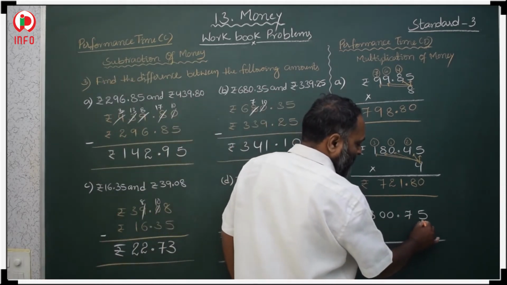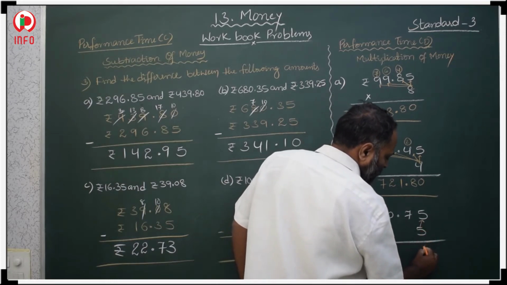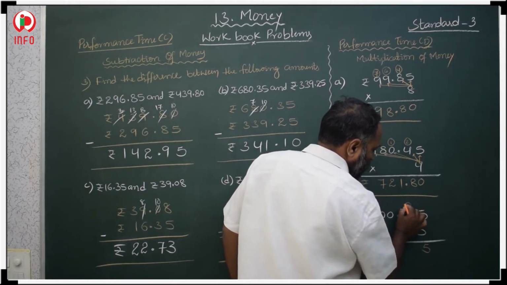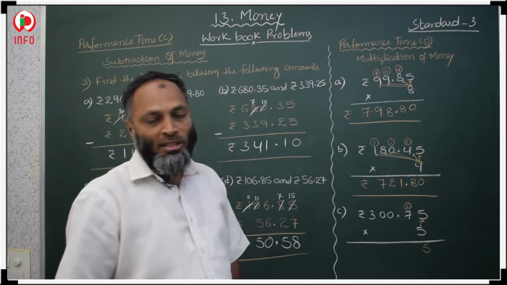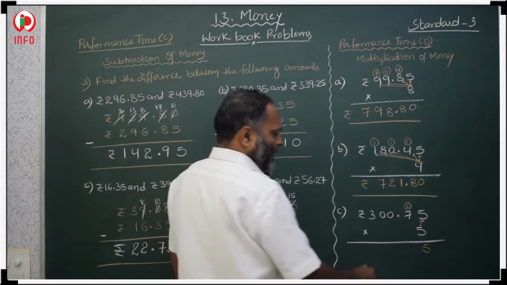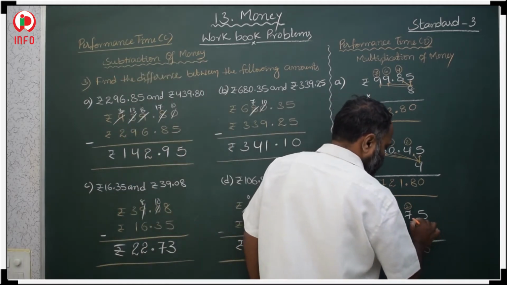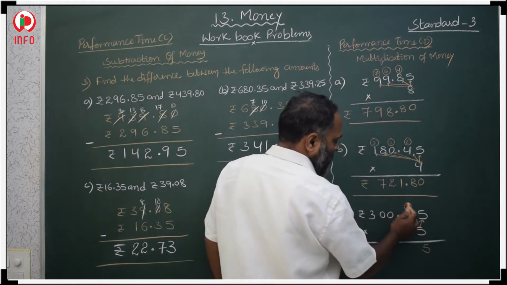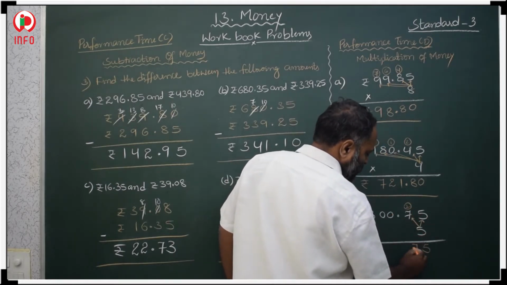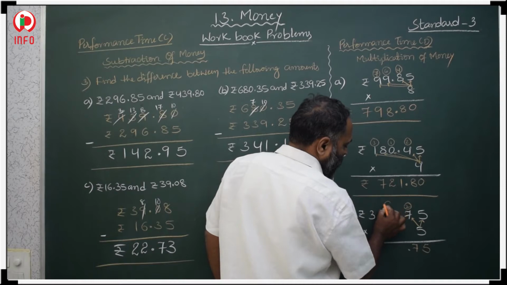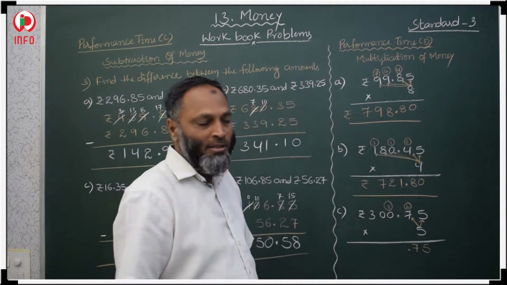First 5 with 5. 5 5s are 25 and 2 we should take carry over on next place of pies. Then after that 5 7s are 35, 36, 37. 7 in pies and 3 we should take carry over on next place of rupees.